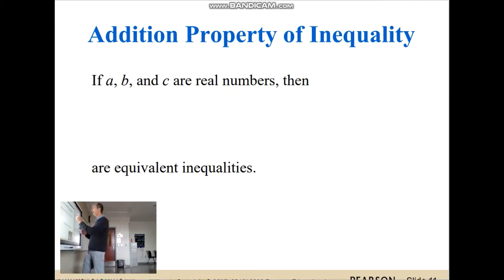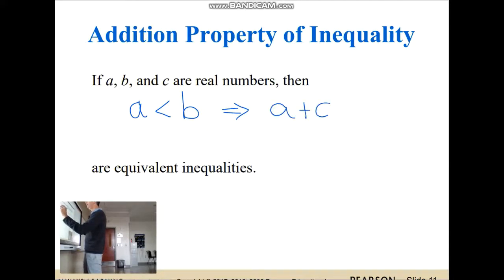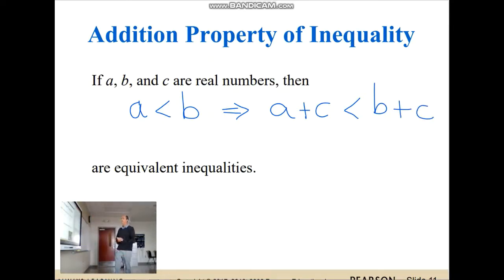If we have a, b, and c, which are real numbers, if a is less than b, then we can write a plus c is less than b plus c. This is going to be true as well. This is the addition property of inequality. We will be using it to solve inequalities.